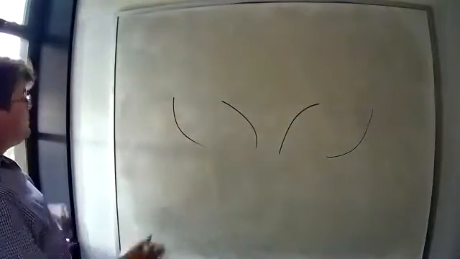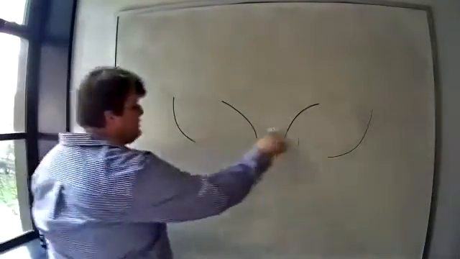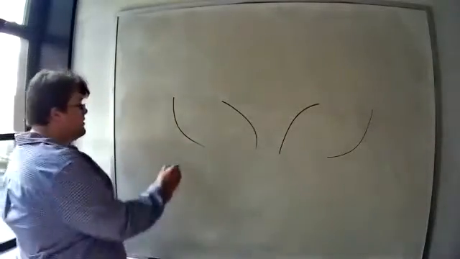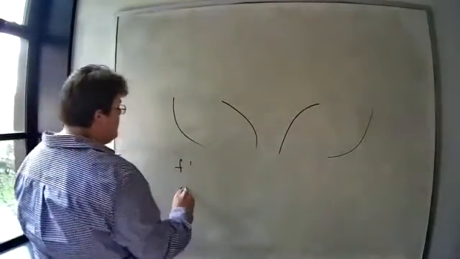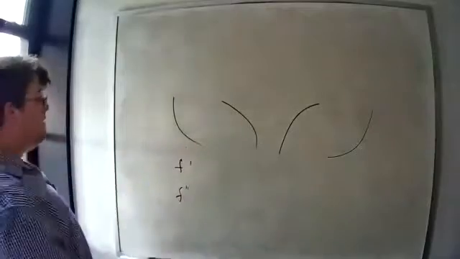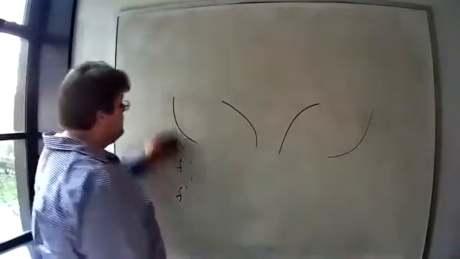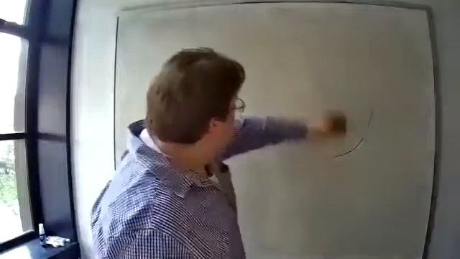A sketch of a graph is a bunch of these put together, and we can easily describe each of these pieces of graphs with the first and second derivatives. All of that is a result of the mean value theorem. So let's do these last two. 3a.